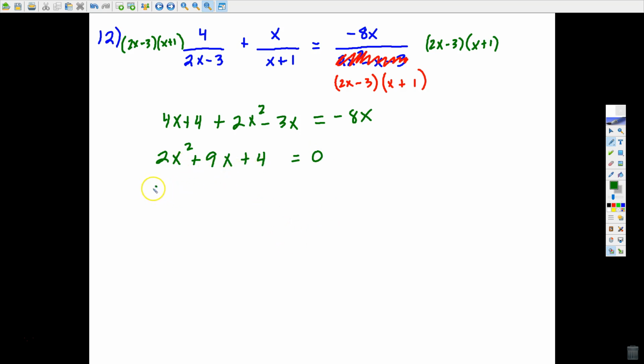Let's see if we can factor this. 2x times x, and we need the factors of 4, so that will be 4 and 1. Let's check that with FOIL. We get 8x plus 1x is 9x. 1 times 4 is 4. We're good. Now we solve, and we get x equals negative 1/2. x equals negative 4. We want to double check and make sure that neither of these creates 0 in a denominator anywhere, and they don't. And so those are my solutions.